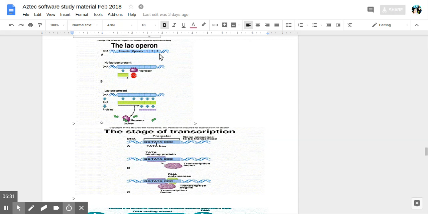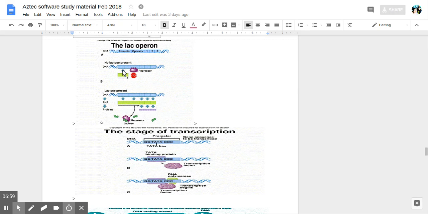You have regions within the DNA, such as the promoter region, operator region, and the gene itself, which control the transcription of mRNA off the DNA. So here it's shown that if there's no lactose, you don't have transcription of any protein or mRNA.